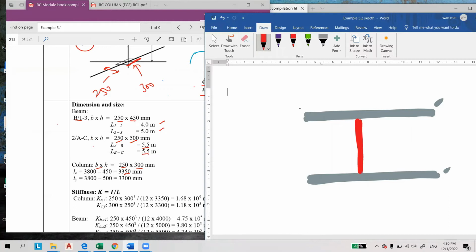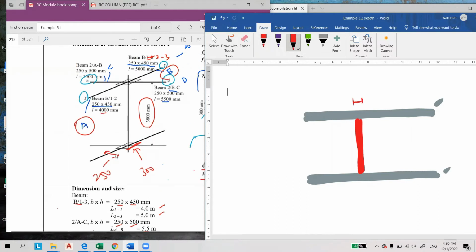However, the side here is this one, 250, because this is beam C and this is beam D, and the size is 250 times 500 mm, and from top to top is similar, which is 3,800 mm.